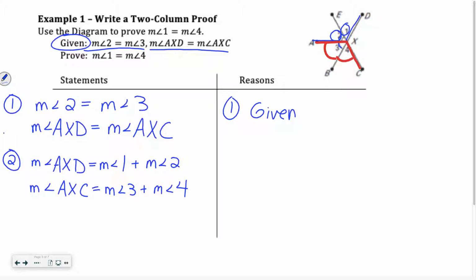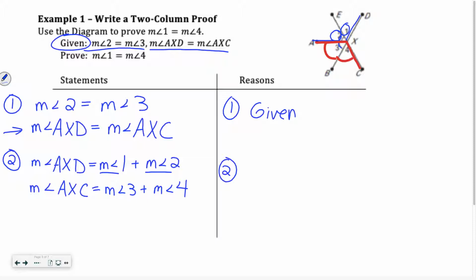Again, they gave us AXD and AXC. We concluded that AXD is equal to angle 1 plus angle 2, and AXC is equal to angle 3 plus angle 4. And the reason we can say that is we've talked about earlier this year, we took two smaller angles and added them up to get a bigger angle.